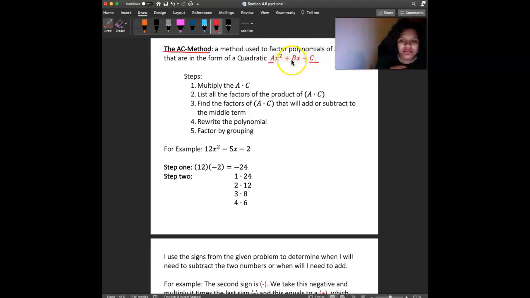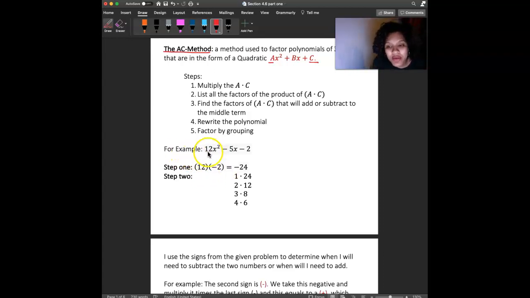Then you're going to rewrite the polynomial as a polynomial of 4 terms. And after you do that, the rest is the grouping method, because we know when we have 4 terms, we factor using grouping.